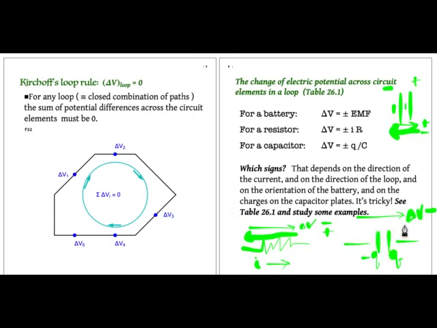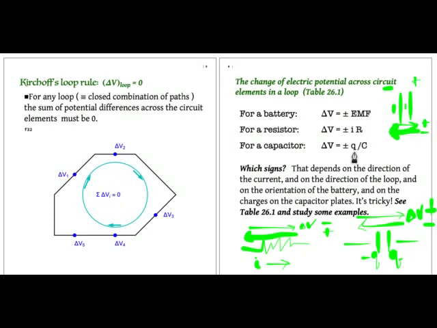But on the other hand, if I'm analyzing the circuit by looking at the change in voltage in this direction, from the high potential side to the low potential side, then the change in voltage there would be negative. Oops, the first change of potential should be positive because it's from the low voltage side to the high voltage side. So the change in voltage is positive in that direction.